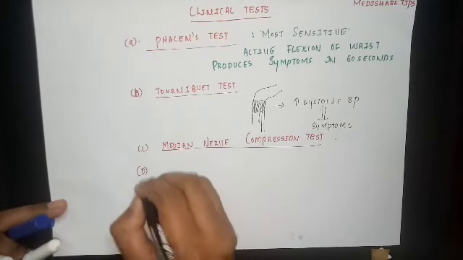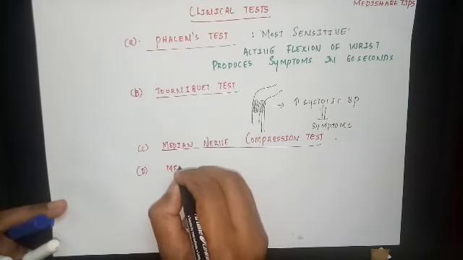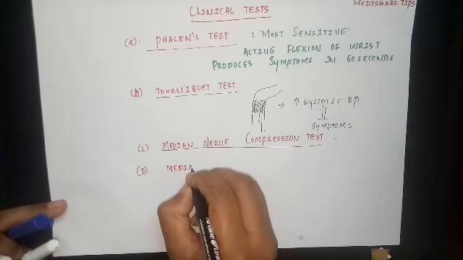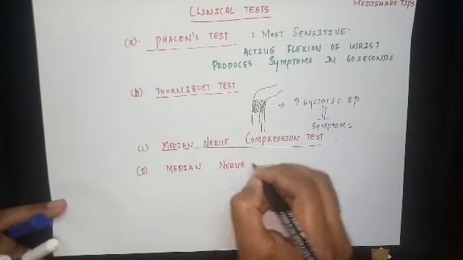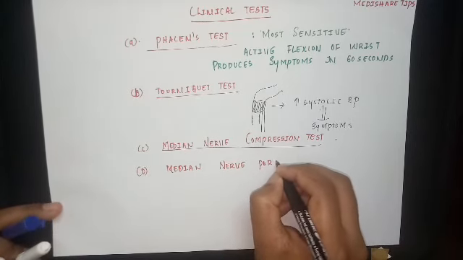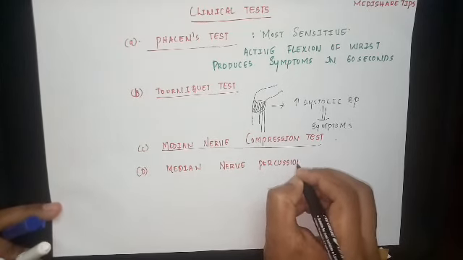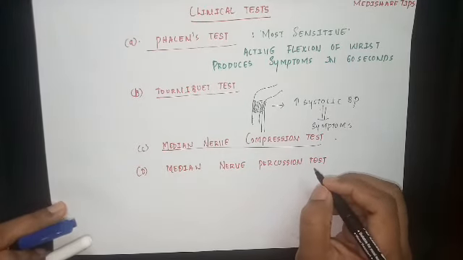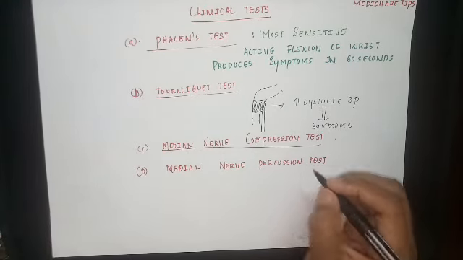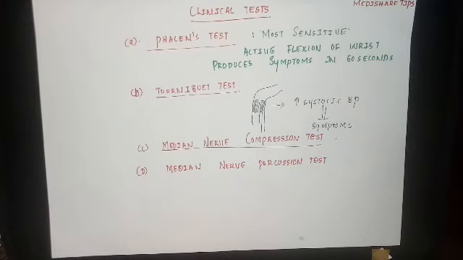And the other test is the median nerve percussion test. In this test, we use a percussion hammer and percuss the median nerve at the wrist. If this produces symptoms in the patient, the test is considered to be positive.